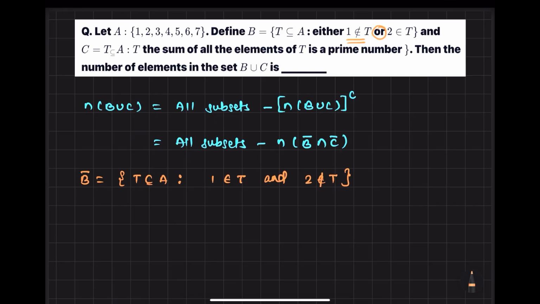So 1 should be there in the set and you cannot put 2 in set B bar, okay. So this is your B bar.